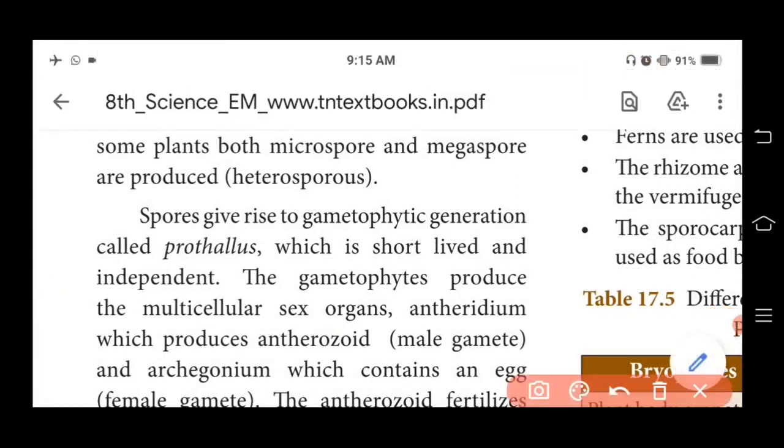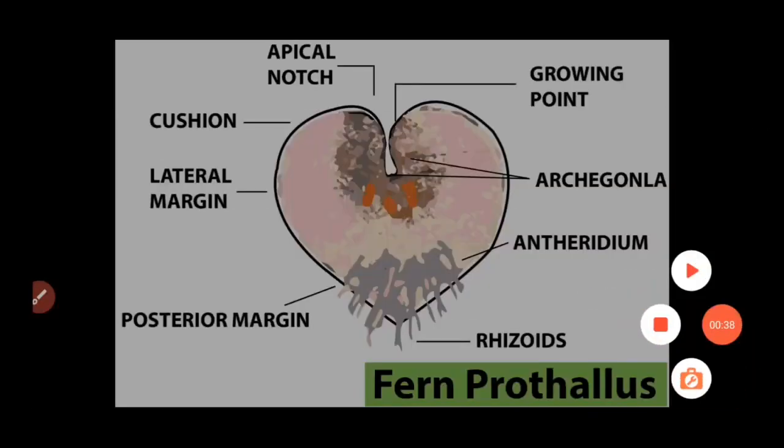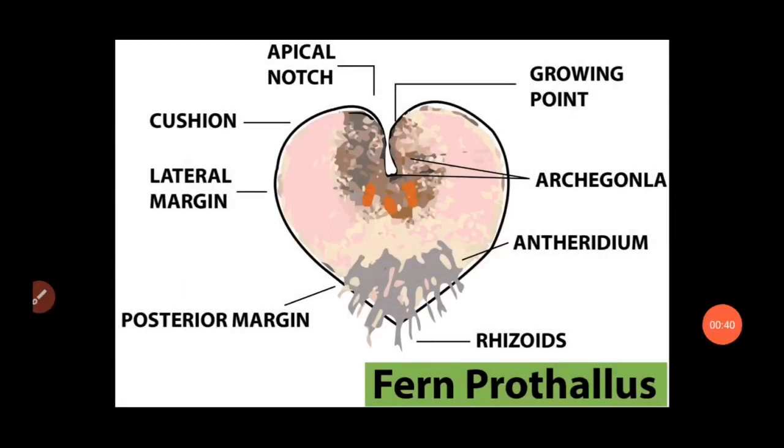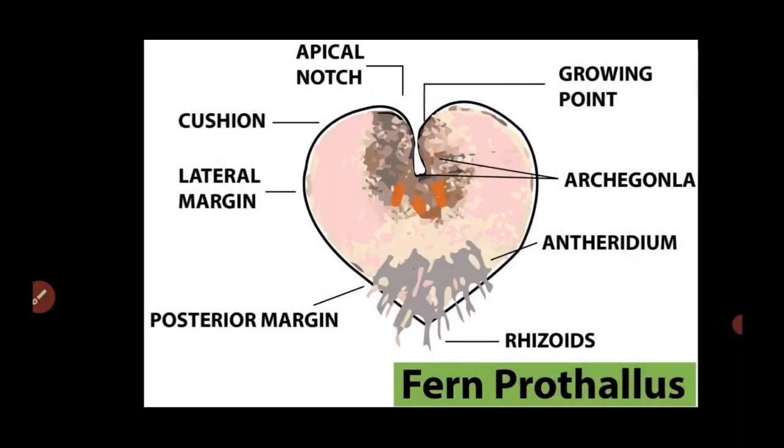Spores give rise to the gametophytic generation called prothallus. Prothallus is a short-lived and independent plant.